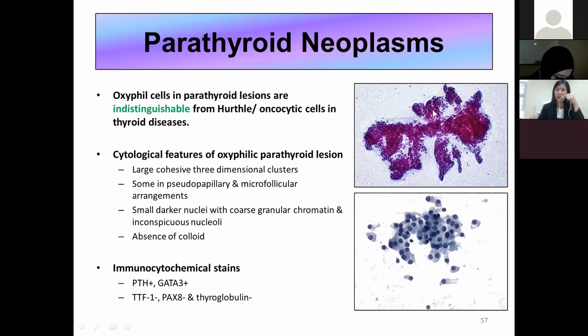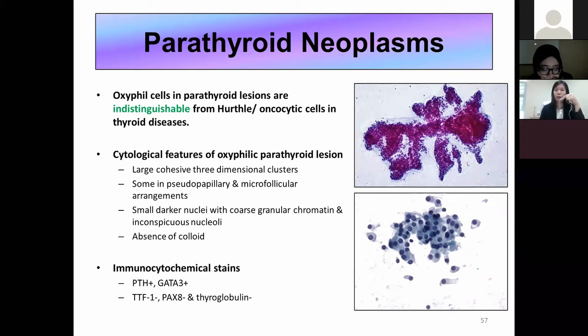We see papillary structures as well. They say these parathyroid tumors usually have smaller, darker nuclei with abundant coarse granular chromatin and inconspicuous nucleoli. Usually they lack colloid material. So a high index of suspicion is needed in dealing with such cases.